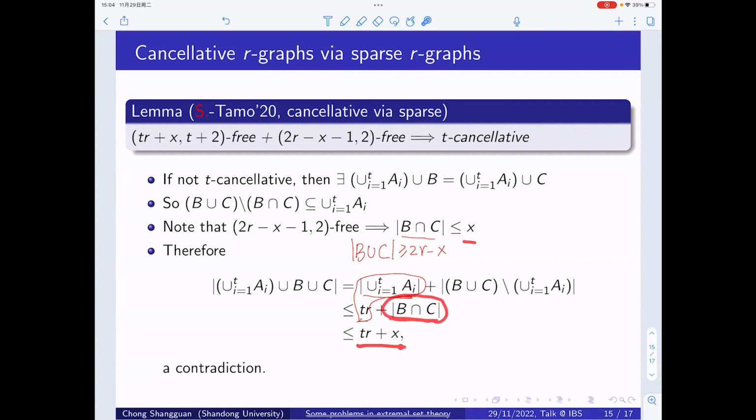So we have that the size of this union is upper bounded by tr+x. This contradicts the fact that the r-graph is (tr+x, t+2)-free. So by choosing a good x, we can give a good lower bound for t-cancellative r-graphs. So this is basically the proof.